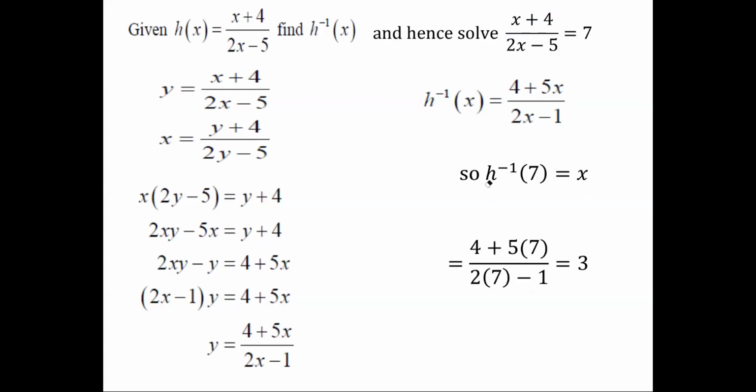So x equals h inverse of 7. As I said, the original function takes x, whatever it is, and churns out 7. The inverse, on the other hand, can take 7 and churn out the value of x. And that's what we're doing here. What we're going to do is put 7 in the place of x. And that will lead us back to the x that is here, this x and this x, which happens to be 3. And you can check that it's 7.